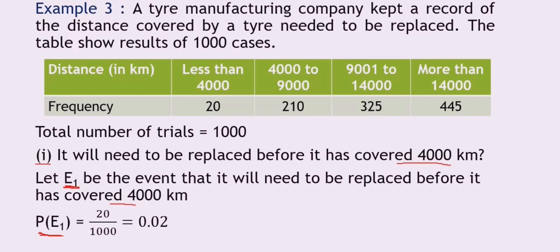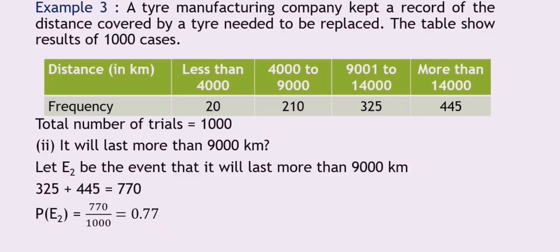Event 1 means less than 4000 kilometers. So the probability of event 1 is the total number of times the event has occurred upon the total number of trials. Less than 4000 occurred 20 times out of 1000. So the probability is 0.02, means in very few cases you might have to change the tire before it has covered 4000 kilometers.